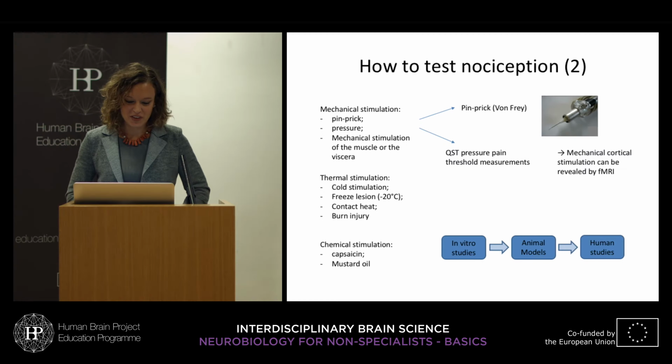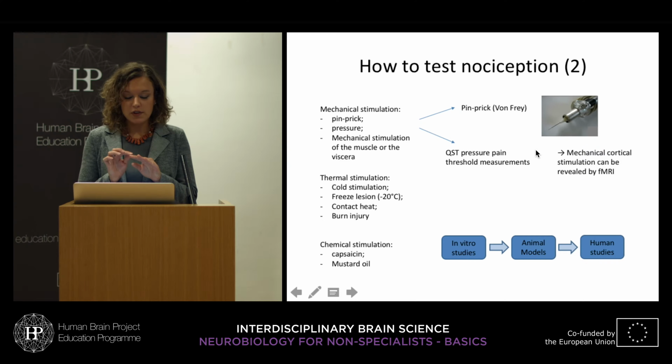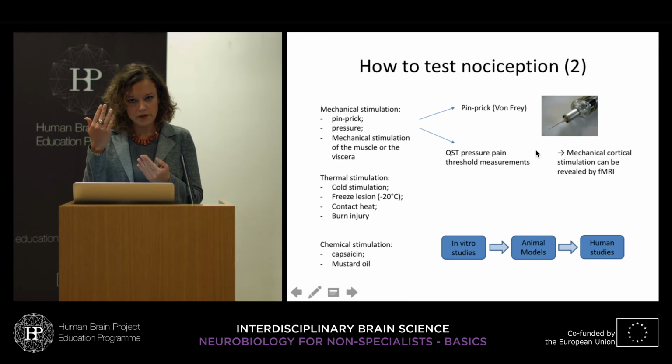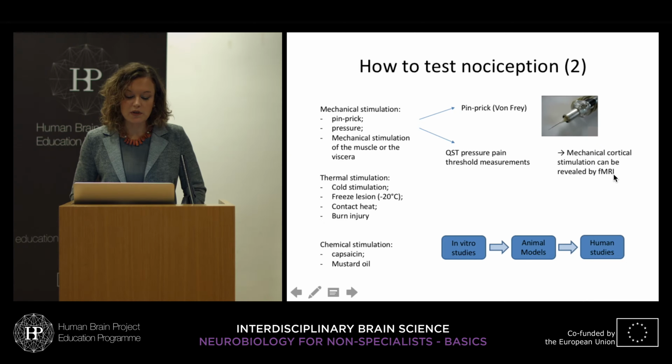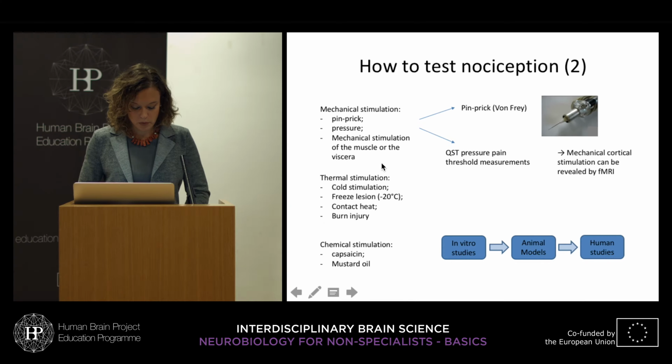Upon stimulation, it was possible to see that if you stimulate different parts of your body, this corresponds to parts activated in your somatosensory cortex, and you can see this with magnetic resonance imaging.